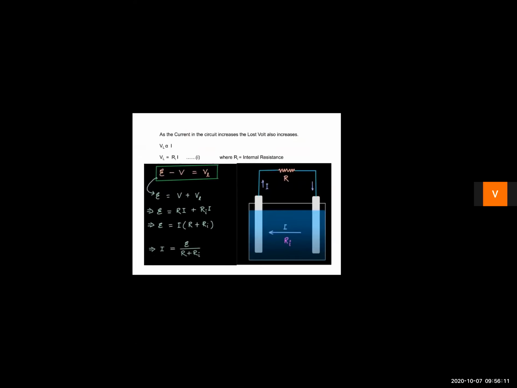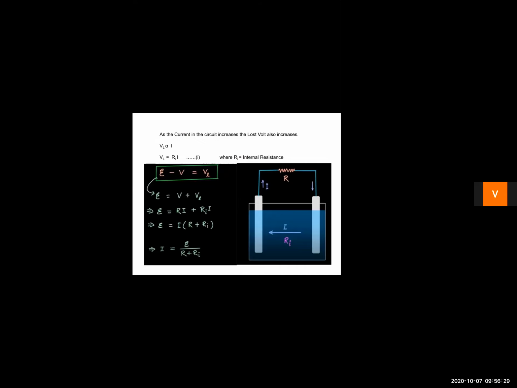Now, children, we know that E minus V is VL. This we know, na beta? E minus V is VL. Now if we make E subject of formula, E equals V plus VL. Right? Now pay attention on this diagram.